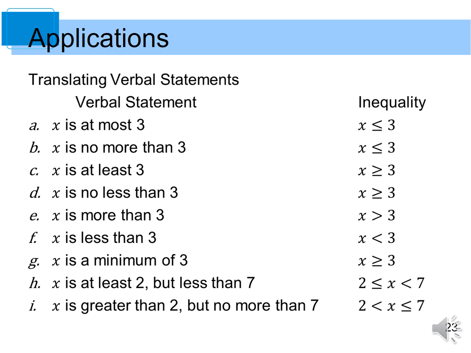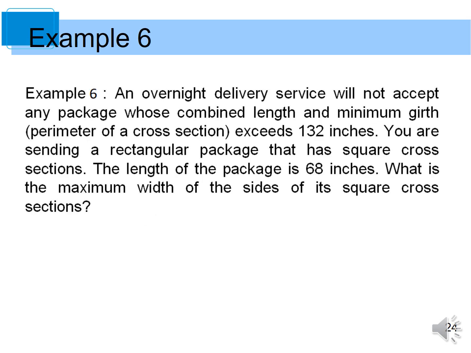Here are some of the verbal statements to solve the application question. Look at the last example. An overnight delivery service will not accept any package whose combined length and minimum girth.